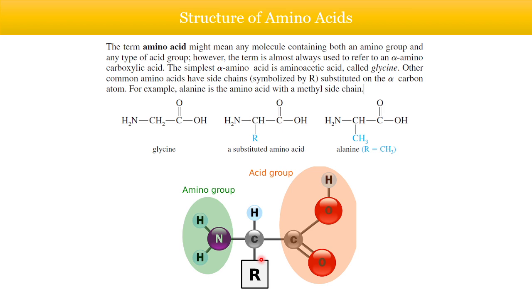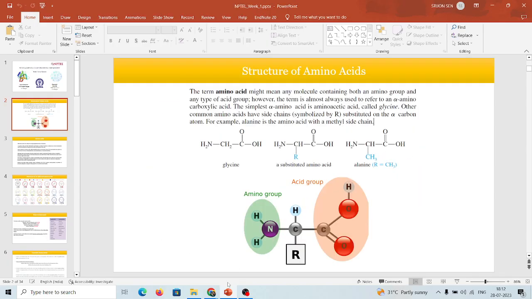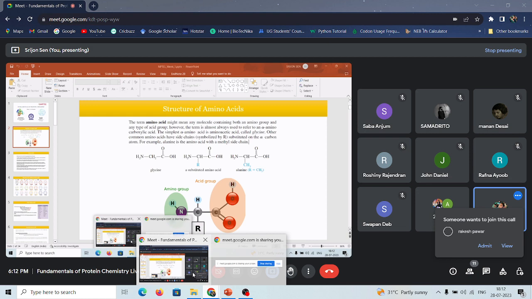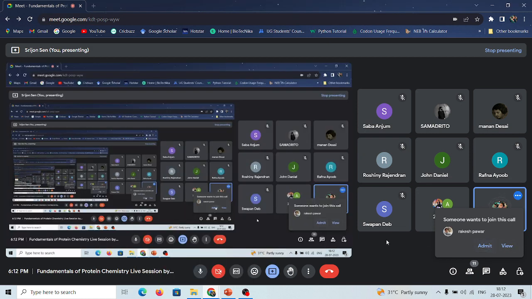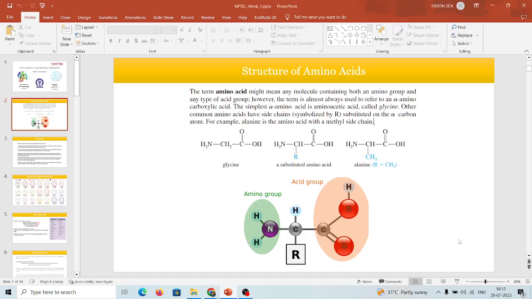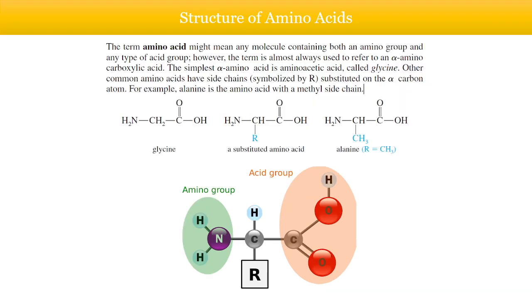The structure has the amino group, the acid group, and on the alpha carbon one hydrogen and an R group. This R group is a variable group, and depending on the R group we can classify these amino acids into 20 different types.